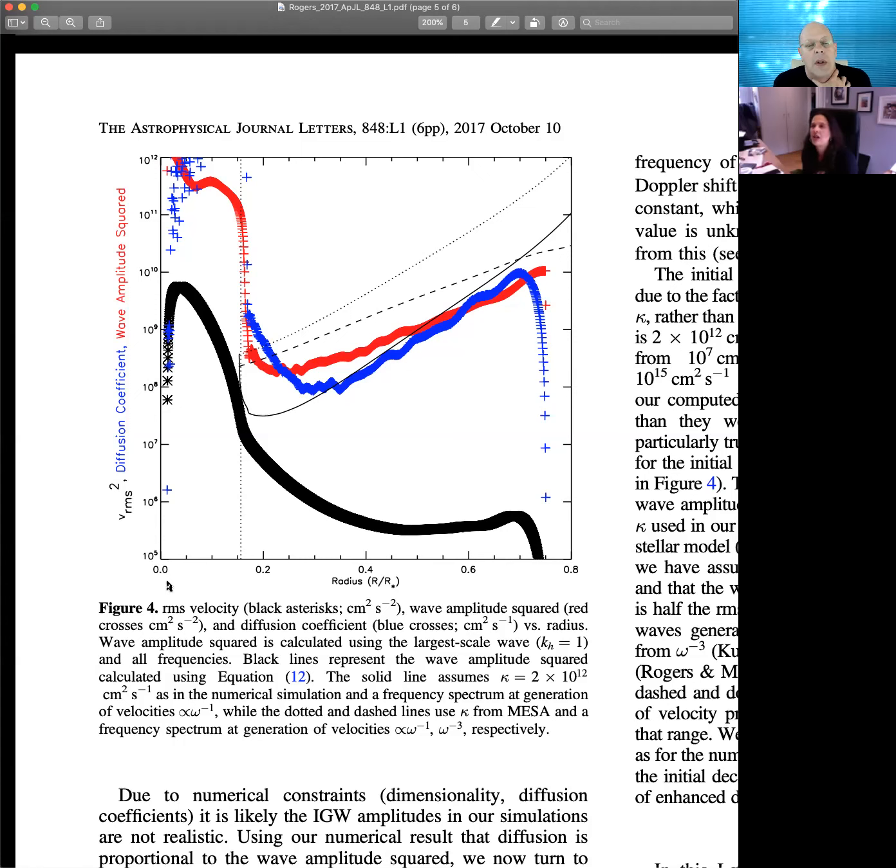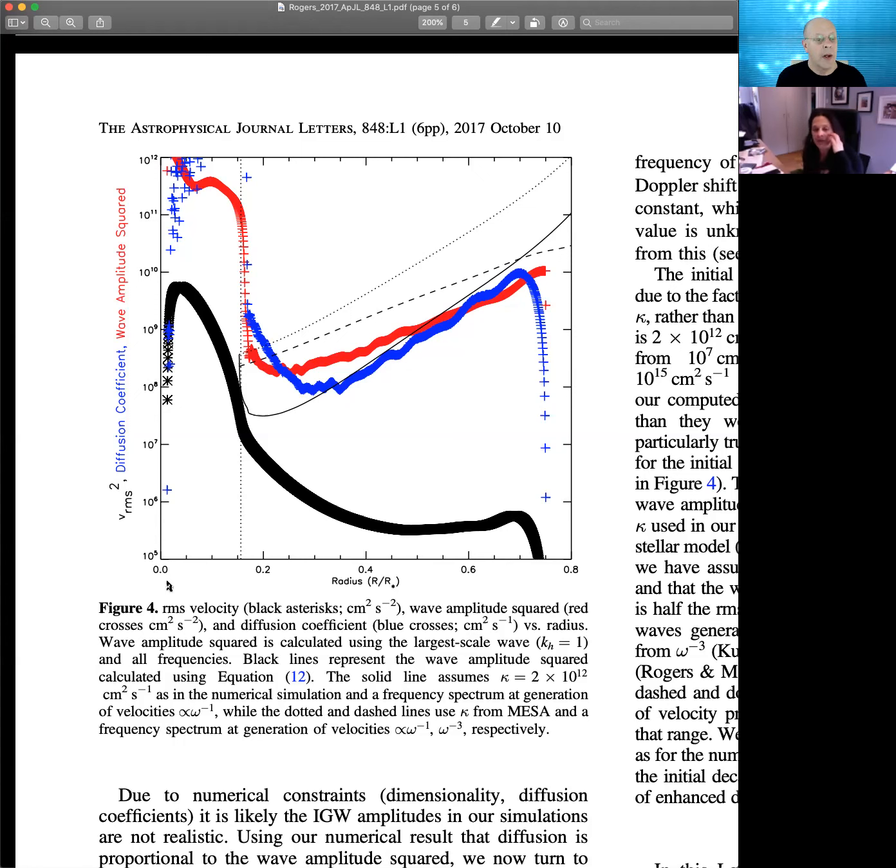And of course, in these hydro simulations, you have to set it larger than it actually is in real stars. So the solid black line is what you get for the diffusion coefficient we used in the simulation.